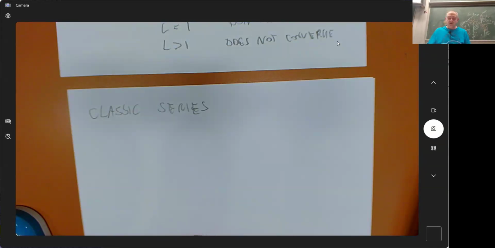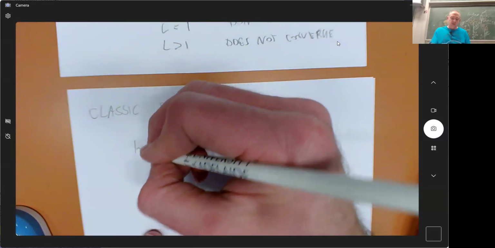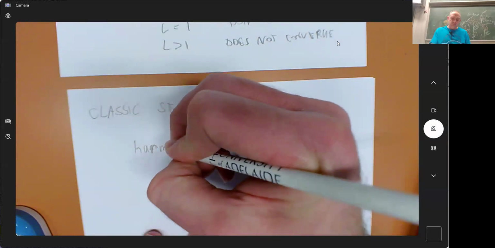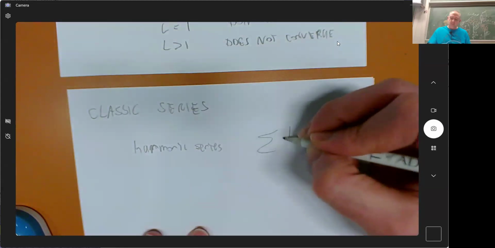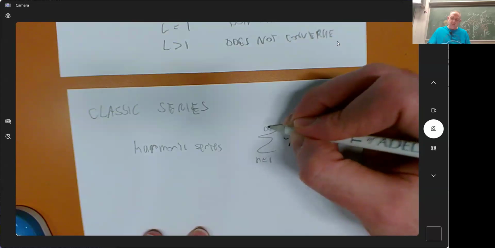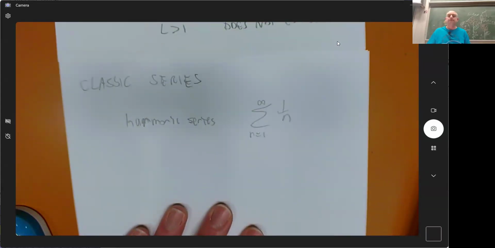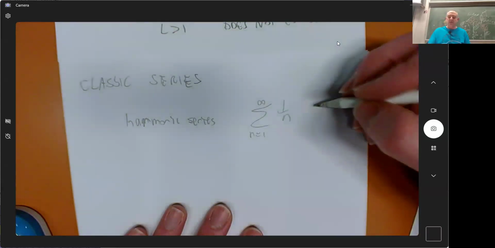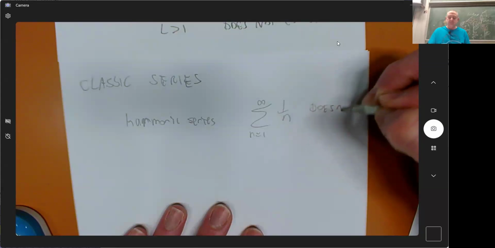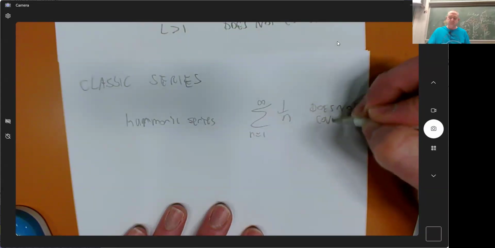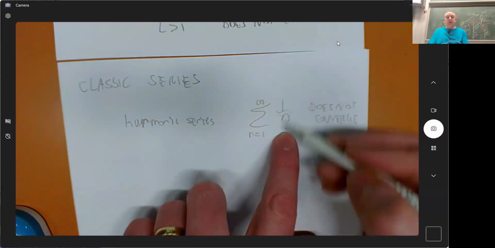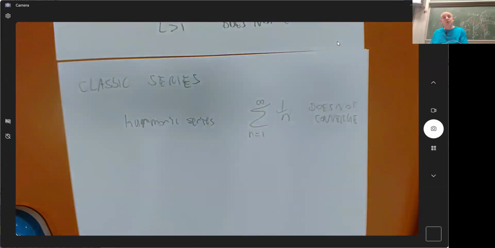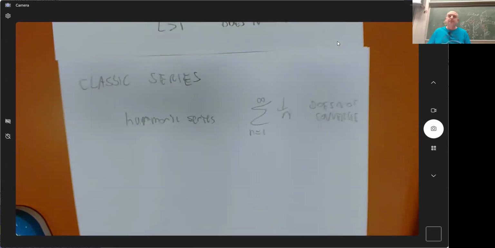So the classic series is the harmonic series, and that does not converge. The individual terms do go to 0, but it still doesn't converge anyway.